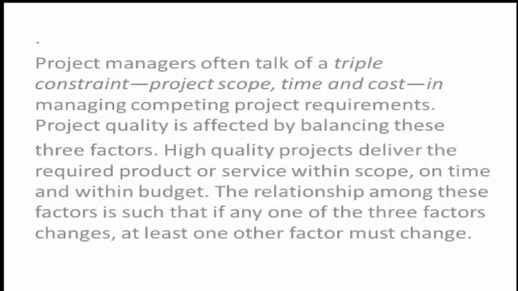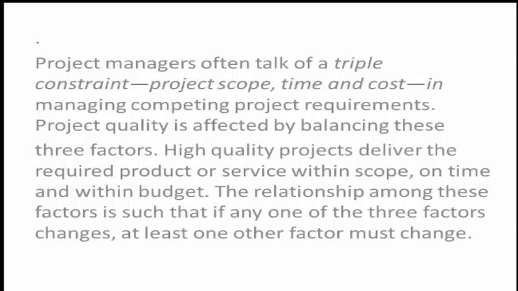Project managers talk of a triple constraint. There are three constraints of scope, time and cost, managing the competing project requirements. Project quality is affected by balancing these three factors. High quality projects deliver the required product or service within the scope, on time and within their budget.